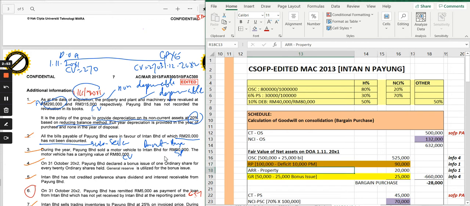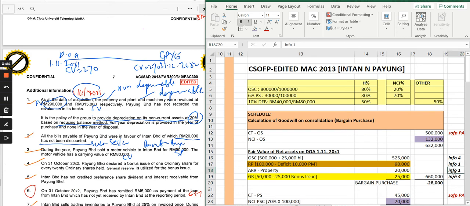For the ARR, for your information, property was revalued at a surplus, whereas plant and machinery was revalued at a deficit. For the property, there is no depreciation adjustment, but you need to go and include the asset revaluation reserve pre-acquisition balance by adding the extra 20,000, and that creates the newly created pre-acquisition reserve of 20,000 that arose on the date of acquisition.